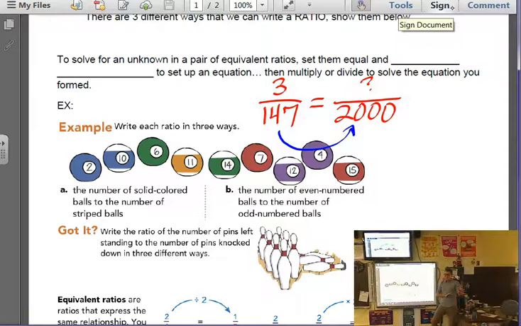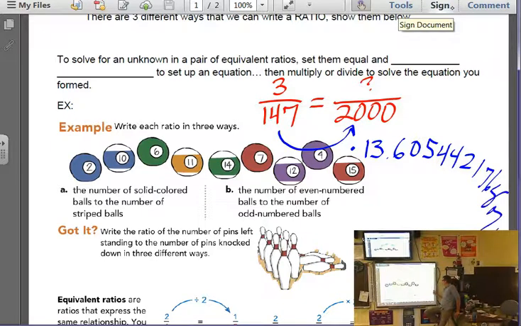We could figure out that value by, instead of asking what do I multiply by, actually dividing. This would come out to multiplication by, is it 6 something? 13.6054422... and it keeps going: 4, 4, 2, 1, 7, 6, 8, 7, 0, 7, 5.